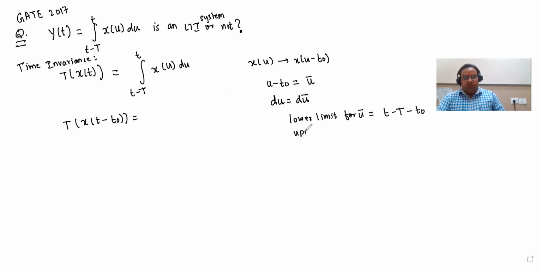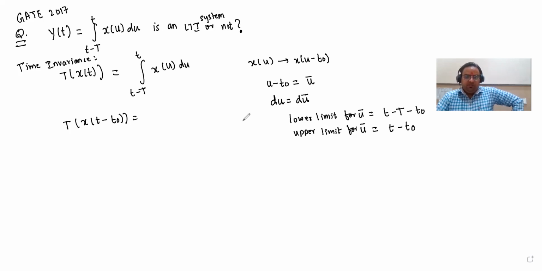And the upper limit for u bar: we have u bar equal to u minus t naught, and the upper limit on u is t. So we will have t minus t naught.